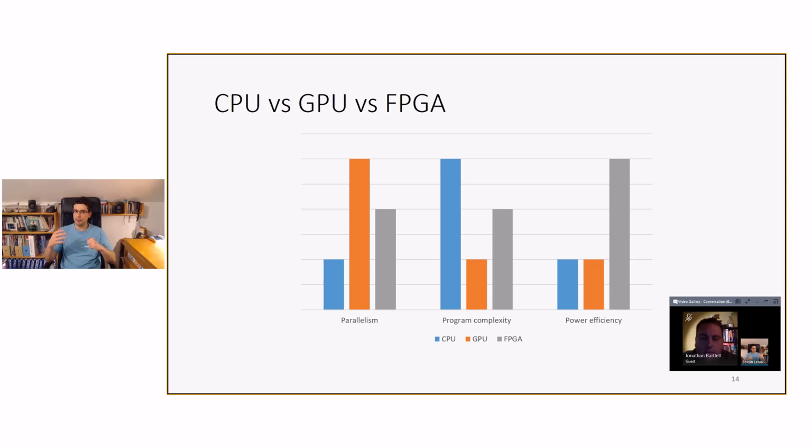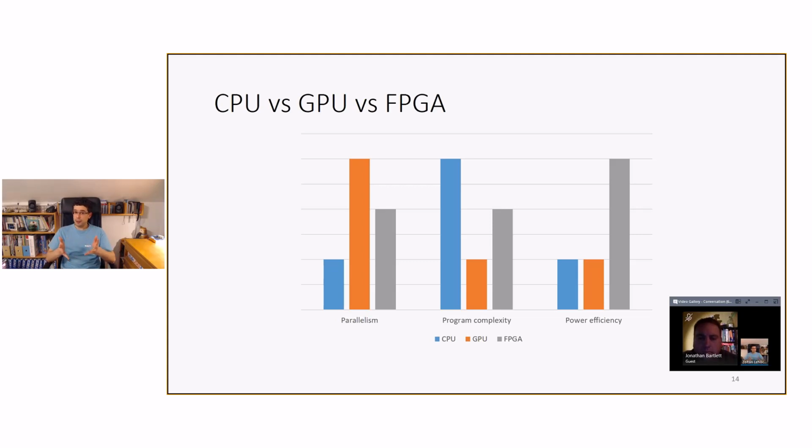They sometimes have thousands of little processing cores all running in parallel. Now FPGAs in gray are kind of in between here, because although there are no processing cores on an FPGA, so to say, though that's not entirely true, the level of parallelism you can achieve there is kind of in between, in the order of hundreds, sometimes thousands. Of course, all of these highly depend on the specific chip you are using and the specific application you want to run.